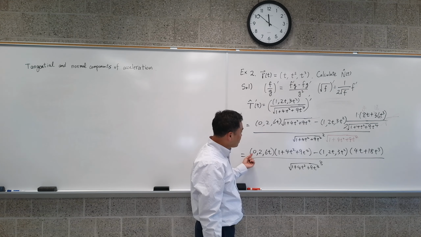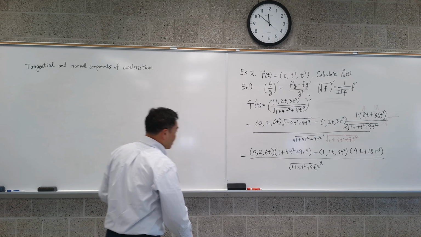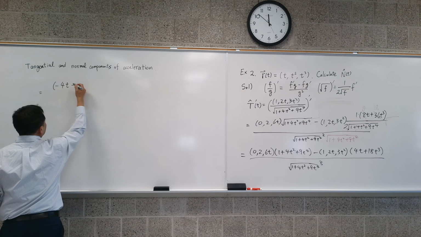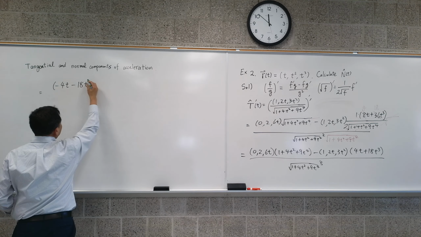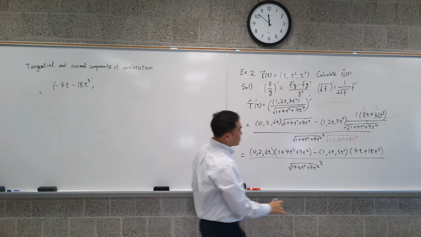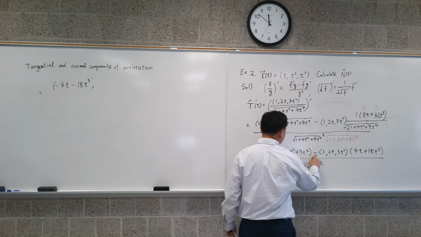Okay. So the first one would be negative 4t minus 18t to the third power, comma. That's what I get. If I multiply by 1, there's a minus.